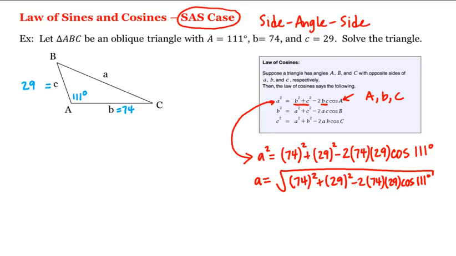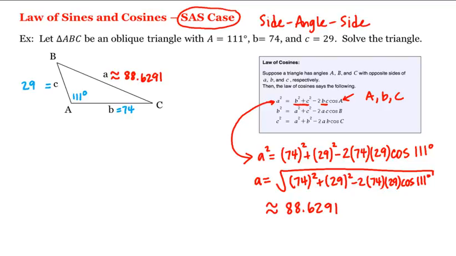Which, putting in our calculator, gives us that A is approximately 88.6291. So let's mark that over here in our figure. A is approximately 88.6291.